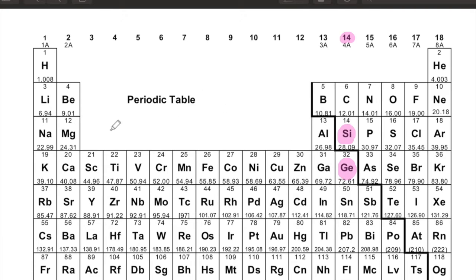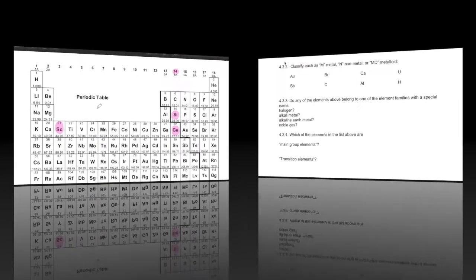Then the last question asks for the transition metal with the lowest atomic number. So the transition metals are in this area over here, and the lower numbers are up in this first row, and the very lowest number is 21, so scandium would be the answer to that question.